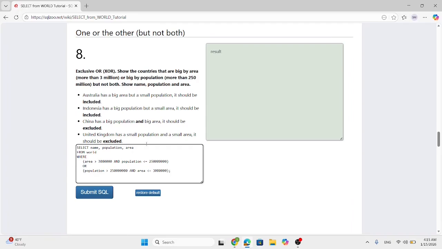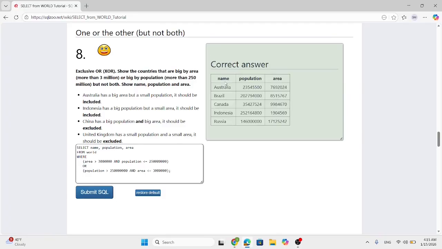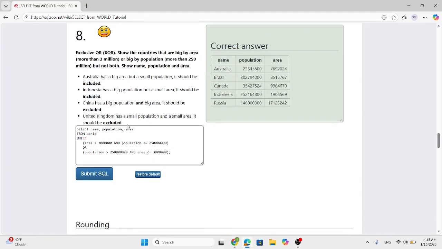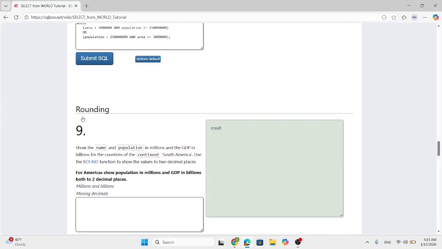I think this has to be true. Yeah, it's true, because as you can see, we did what it said. Australia, Indonesia included, China excluded, United Kingdom excluded. This shows exactly what we have done.